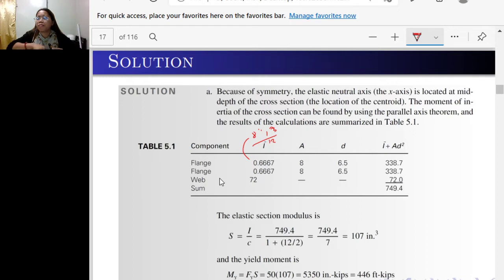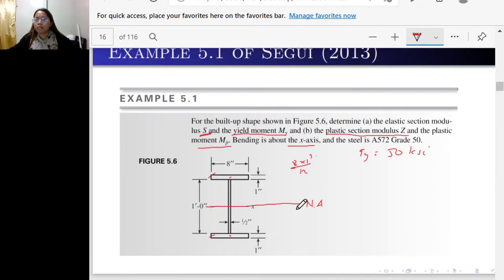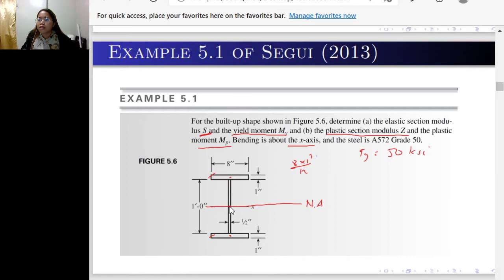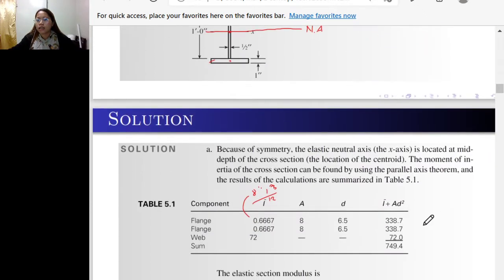For the web, since your neutral axis is at the middle, your D in here is zero.